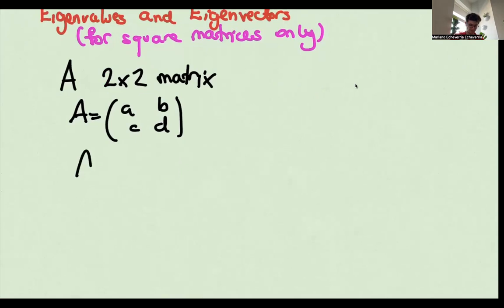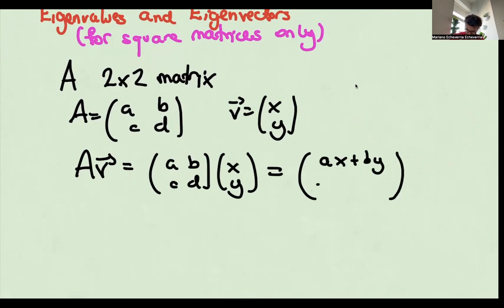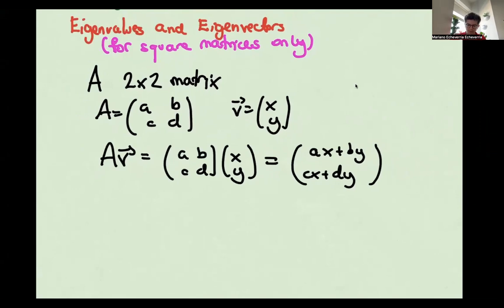So you can do A times V, where V is X, Y. The more important thing going on here is that because the matrix was a square matrix, in this case a 2 by 2 matrix, if the vector that you started with has two entries, then the new vector has two entries as well.